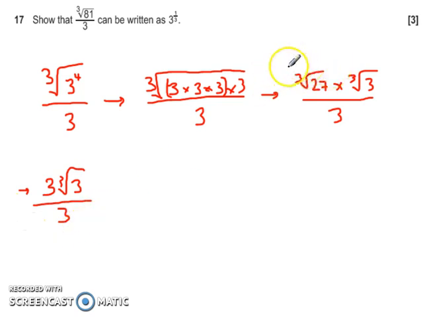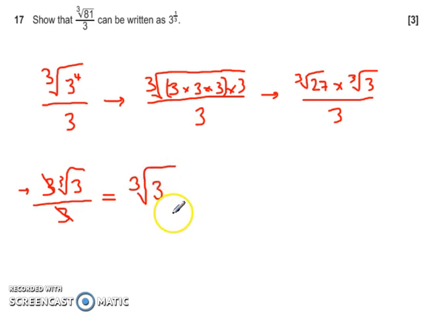All I've done there is turn that into the 3 and taken the multiplication symbol out of the whole thing. Then you can cancel the 3s. So this 3 and this 3 cancel. So what we end up with is the cube root of 3.